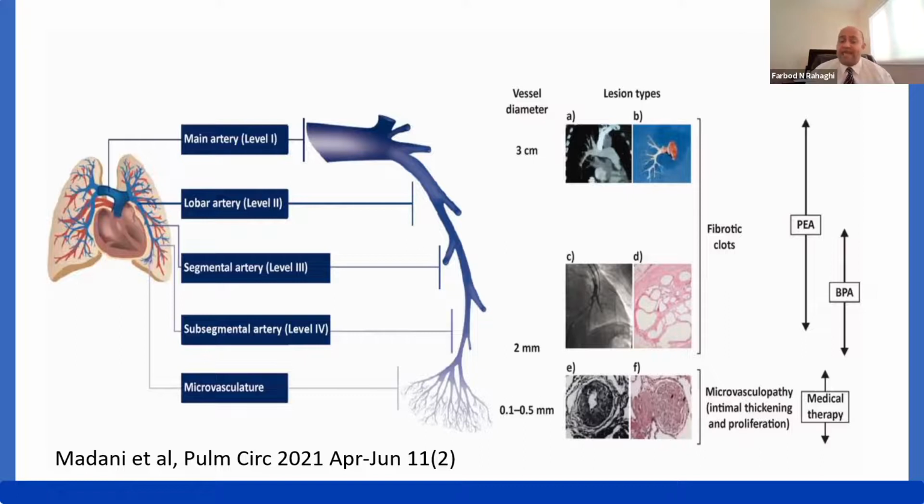And so as you assess that using different forms of imaging, largely, as well as right heart cath, you can think in terms of where the tools that we have, whether it's surgery or medical therapy, have the most impact, and then you balance that with the risks of each of these in the patient that is with you.